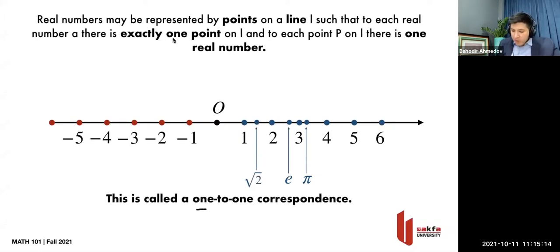This point-to-point correspondence is very important for us. We're going to talk about this when we learn about functions and inverse functions. But I would like to emphasize this concept one more time. For every number, there is a single point. This is what is called point-to-point correspondence.